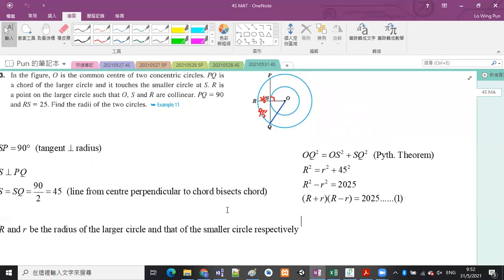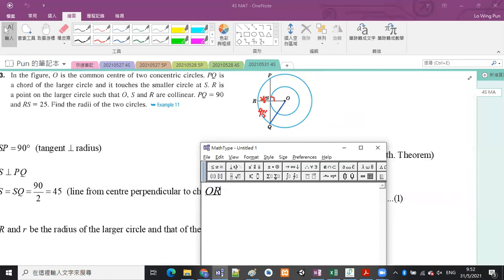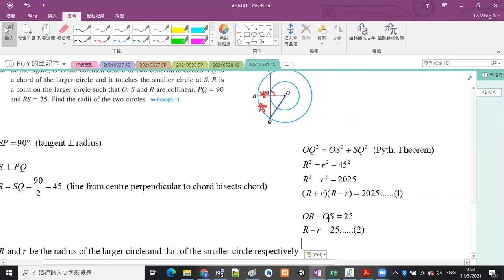So 25 should be equal to the big R minus small r. So that is like this. OR minus OS is equal to 25. So big R minus small r is equal to 25. So let me call this equation 2. Follow?